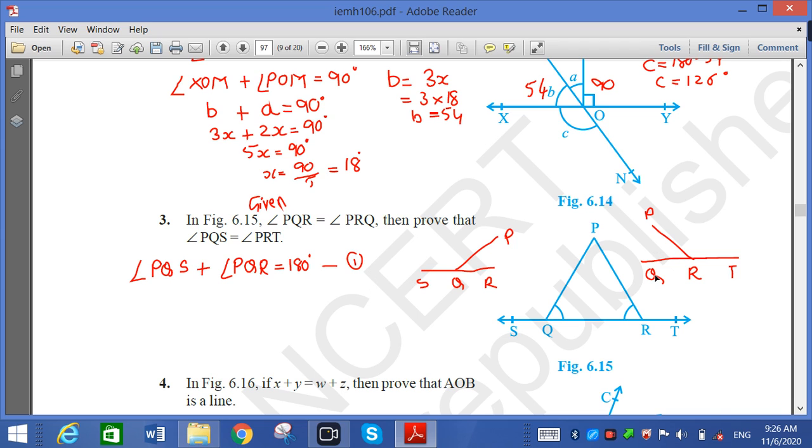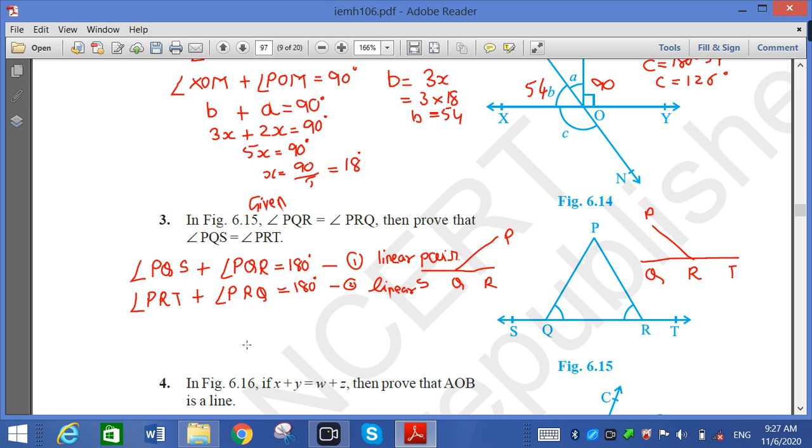Now let us discuss the other one. PRT plus PRQ is equal to 180. That is the second. Again here I have to write linear pair.